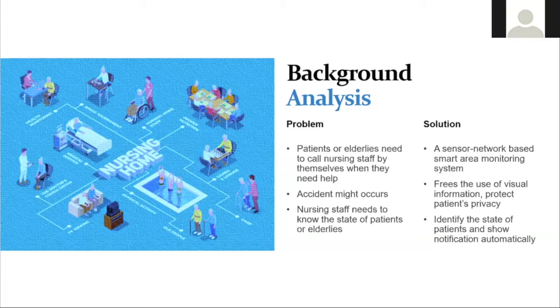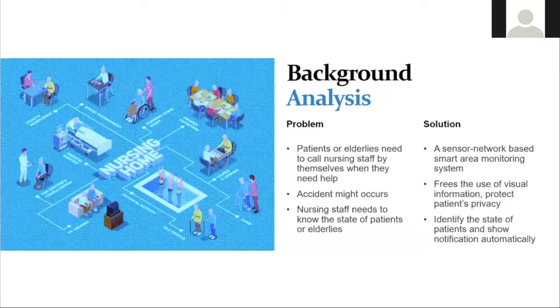In a nursing home, the staff needs to take care of the patients in the current way. The patients or elderly need to call the nursing staff by themselves when they need help. However, accidents might occur and make patients unconscious or having physical problems to call for help. So the nursing staff needs to know the state of the patient, and hence we come up with a sensor network-based system.